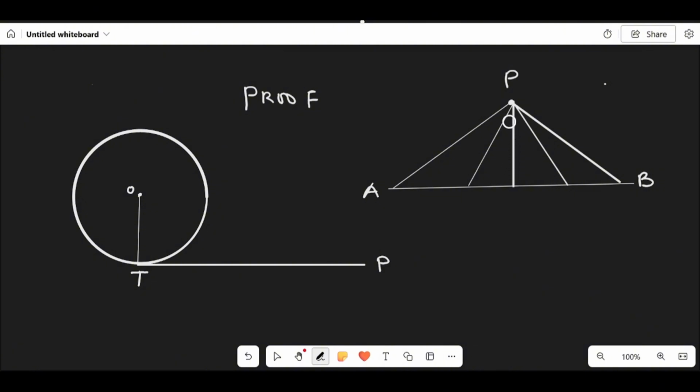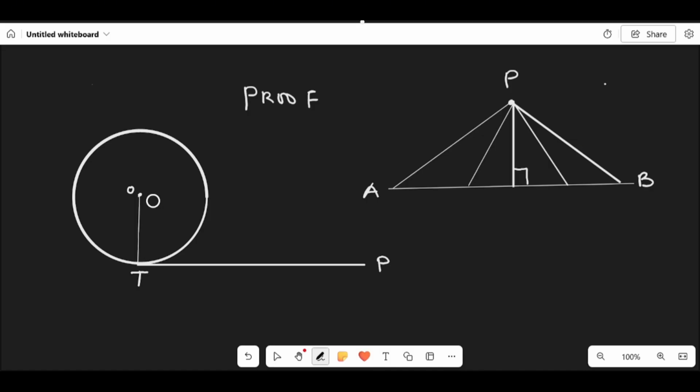So the shortest distance between a point and a straight line is actually perpendicular to it. It means that this straight line and this line meet at 90 degrees. So let us now continue with our proof.